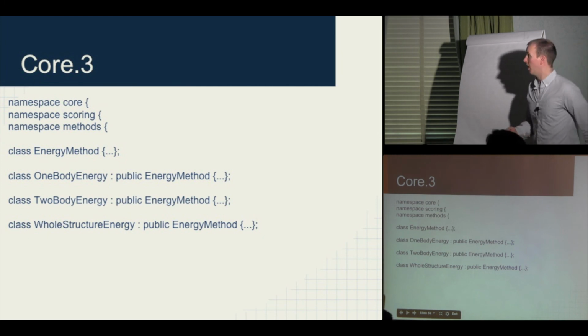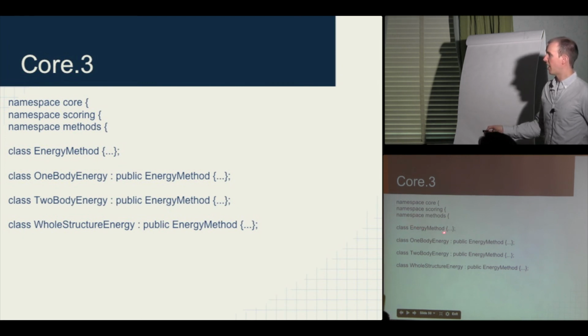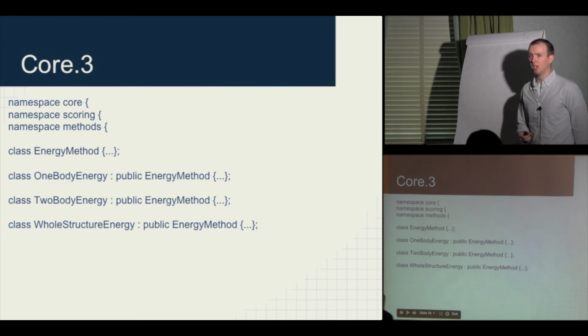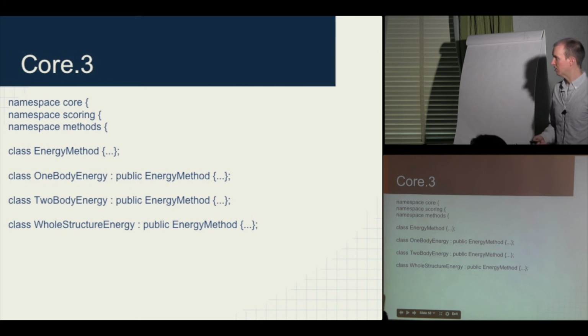Great. So, the energy method hierarchy is this nice way of abstracting the definition of a new scoring term from its use in the various algorithms that rely on components of the energy function. And so energies are represented with the base class energy method.